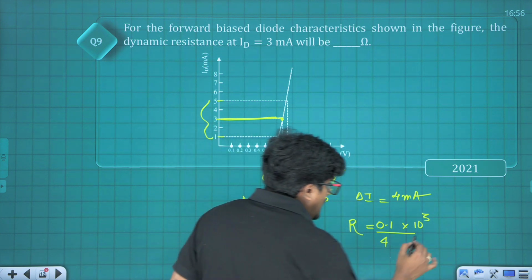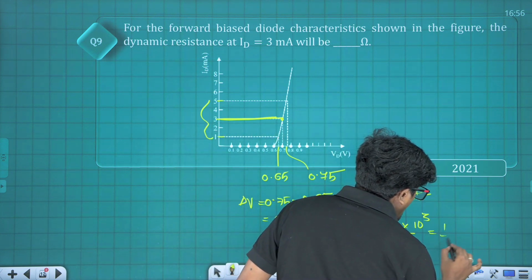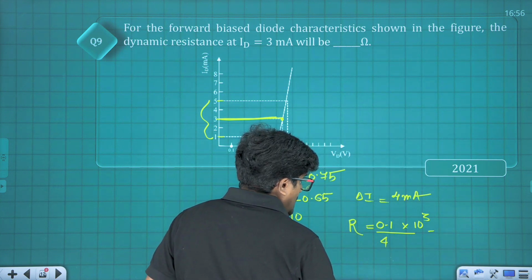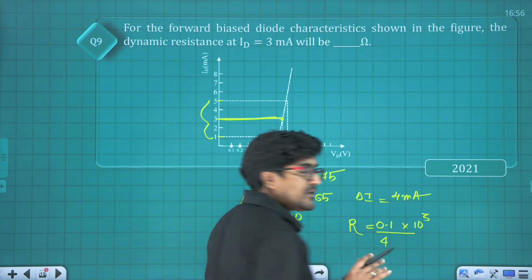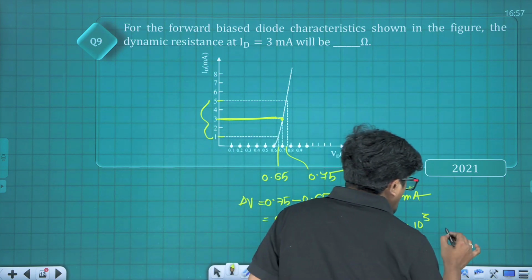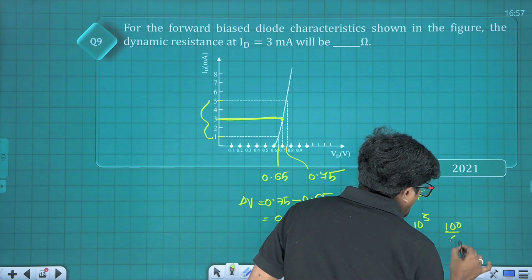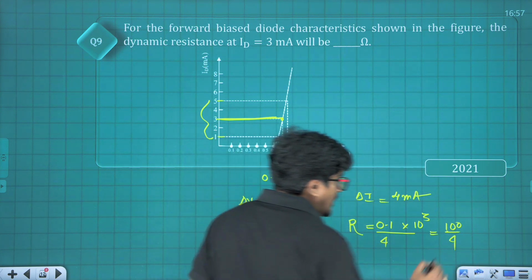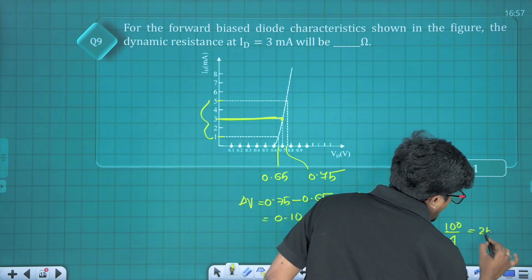And I am going to write this as 1 by 4. Here this is 0.1 into 10 to the power 3, definitely this can be written as 100 by 4. So it is 25 ohm.